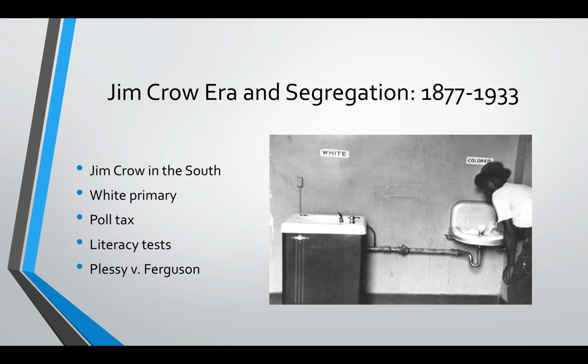Literacy tests were administered to stop African Americans from voting. They were not basic literacy tests. They required readers to interpret complicated language from law. During this era, the Supreme Court ruled in Plessy v. Ferguson that Jim Crow laws were legal, and this ruling established the separate but equal doctrine.